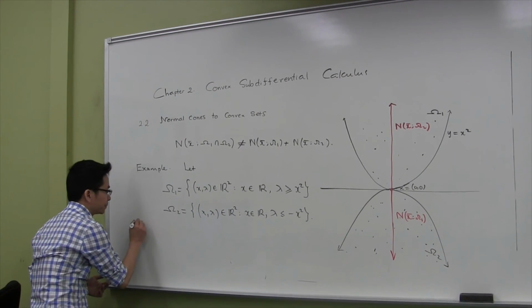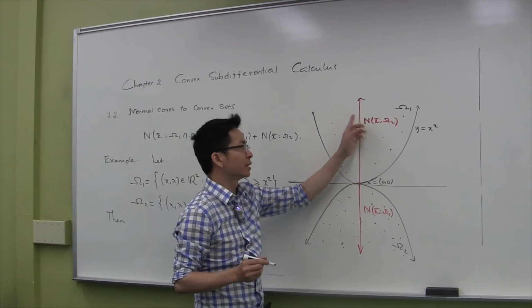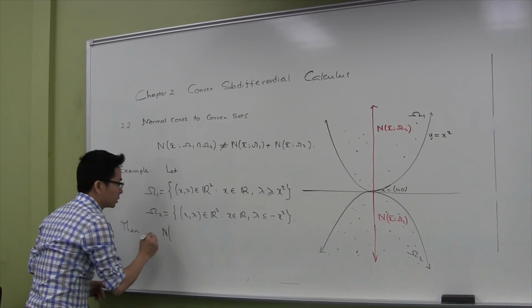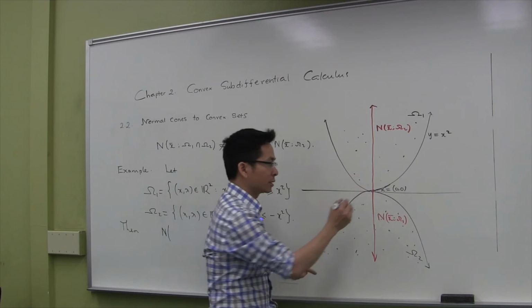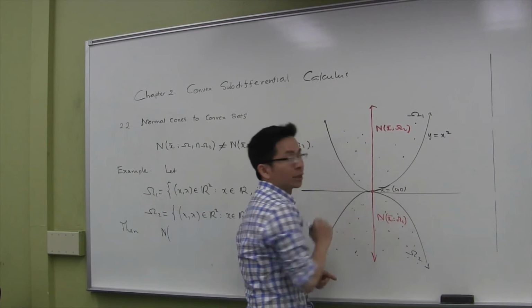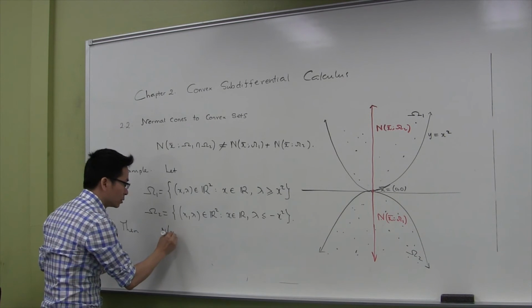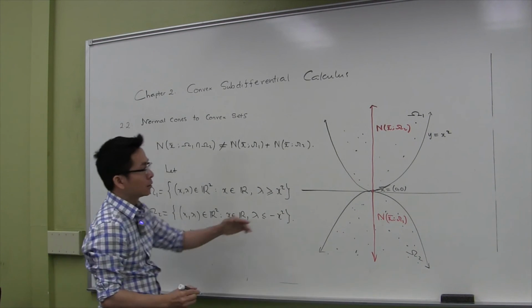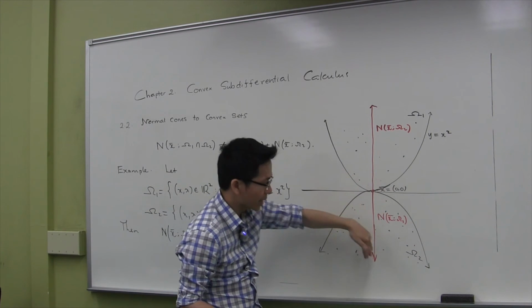Then, as we can see from this figure, here x bar is the origin, so x bar is (0, 0). Then we can see that the normal cone to omega 1 at x bar is all vectors in this direction.